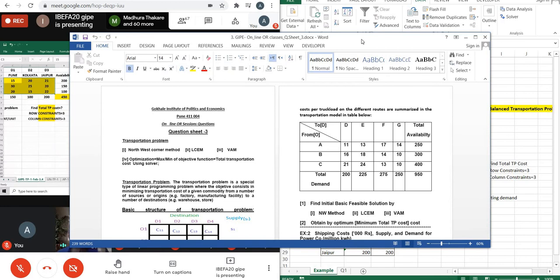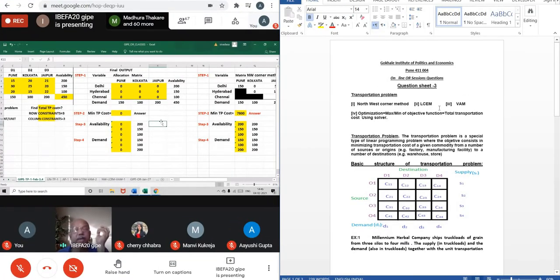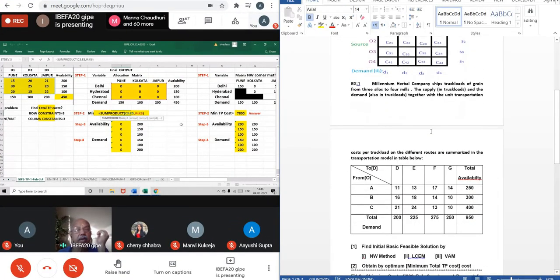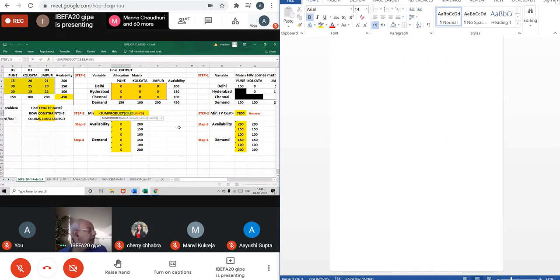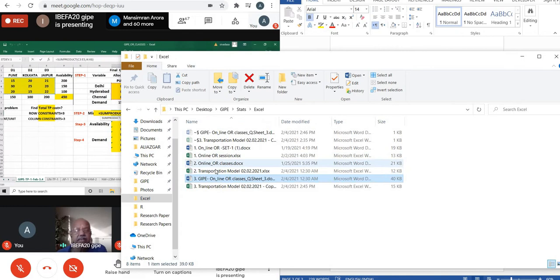So I get the objective function, minimum total transportation cost, the sum product of the two matrices.